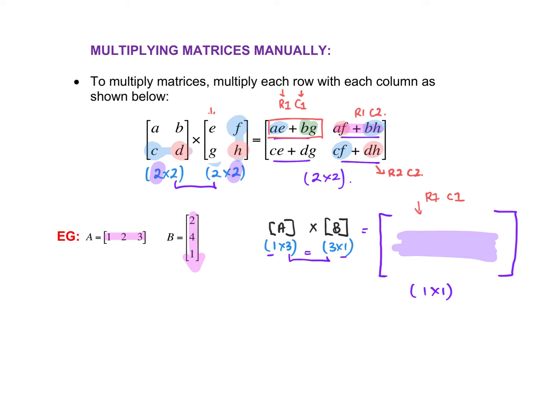So what we're going to see over in here is 1 times 2 plus 2 times 4 plus 3 times 1. So all of those get done and then you tidy that up. So that would be 2 plus 8 plus 3. So we get 13. So that's a 1 by 1, isn't it? So that's our answer, okay?